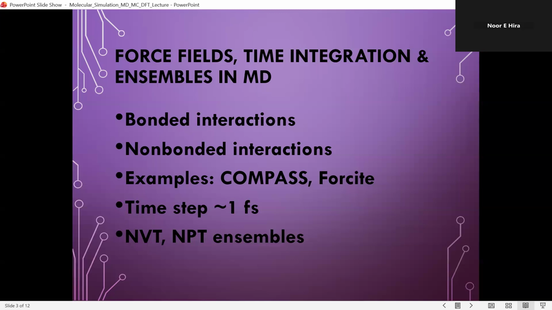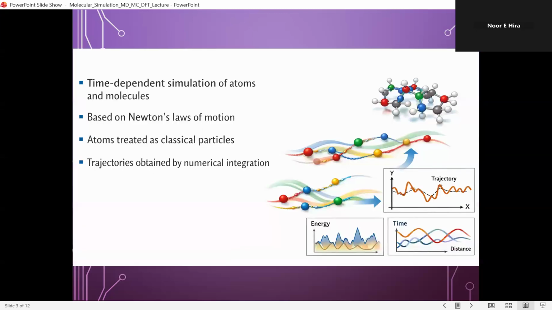And to simulate realistic conditions, we use thermodynamic ensembles like NVT and NPT. For NVT, the temperature and volume are constant along with the number of atoms. For NPT, the number of atoms, pressure, and temperature are controlled, fixed.